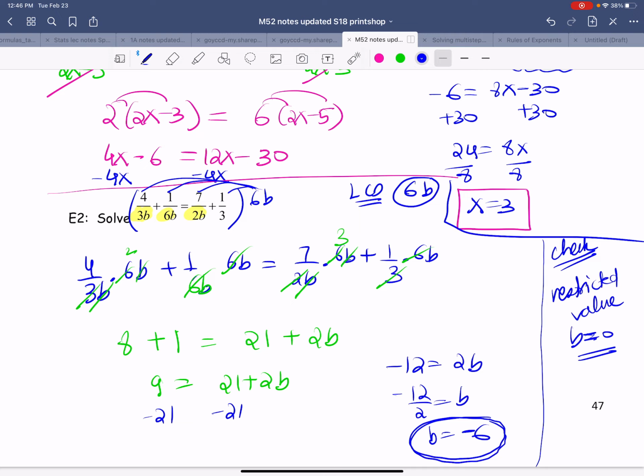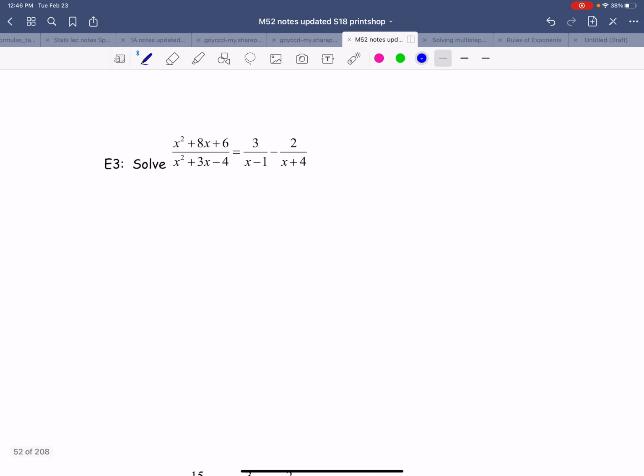Okay. Next example, we have number 3 here. Looks a bit more complicated, a bit more work, but let's go ahead and start by figuring out the LCD. We wouldn't know what the LCD is until we have factored all the denominators. So let's factor the first denominator, which is x squared plus 3x minus 4.